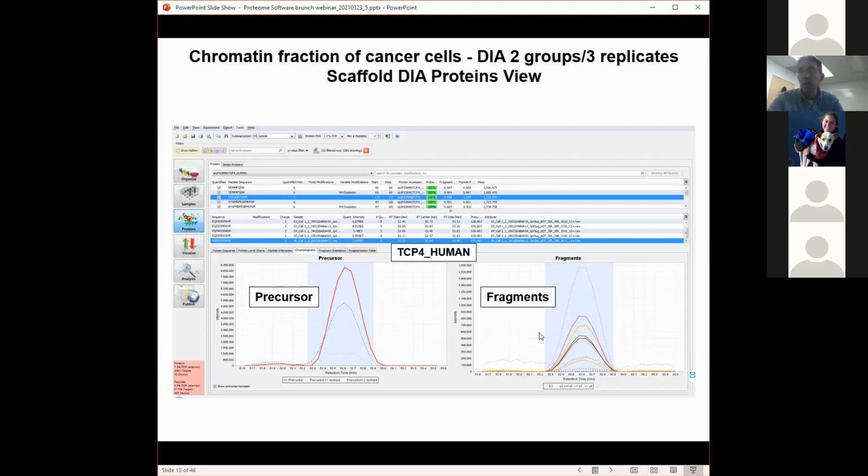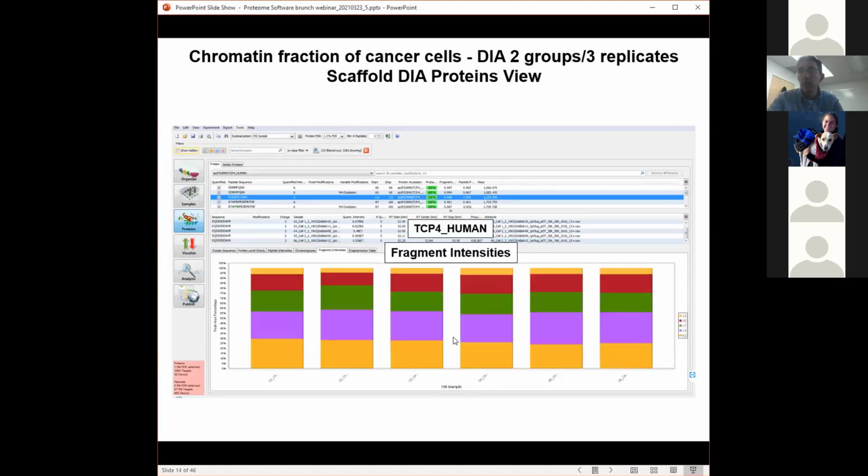But what this is important to think of is, picture a DDA spectrum where you have a pattern, and you expect that that pattern is going to be the same for other samples that have that same protein and that same peptide. The proportion of those peaks should be the same.